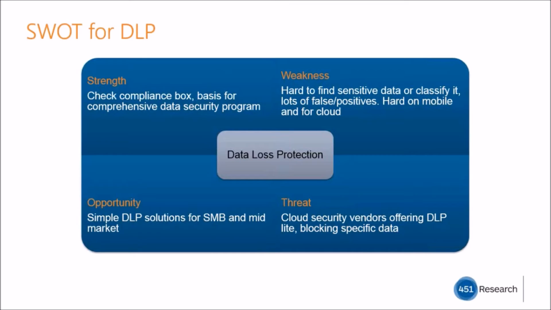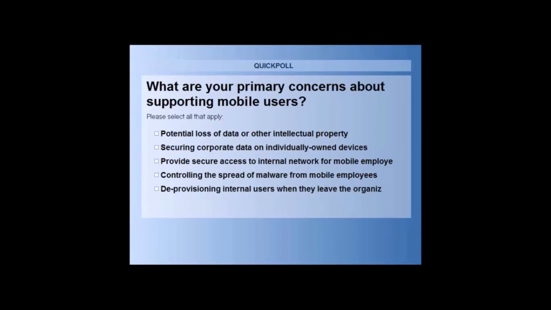And so with that, we'll turn it out to the audience. One thing that we're doing is a survey, and so a quick poll for the attendees is, what are the primary concerns about supporting your mobile users?